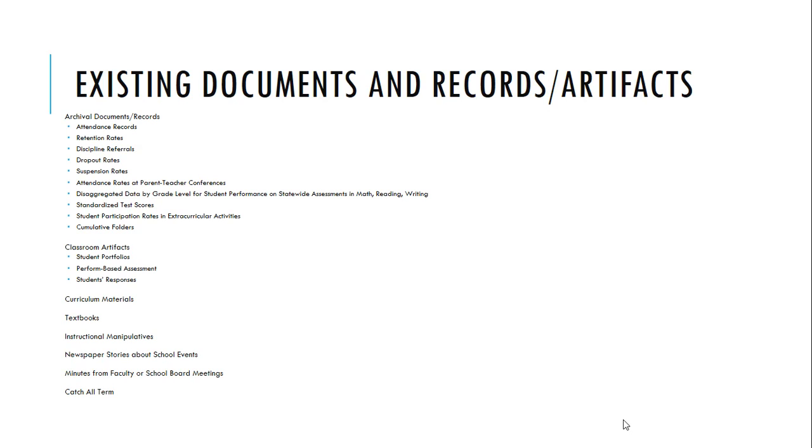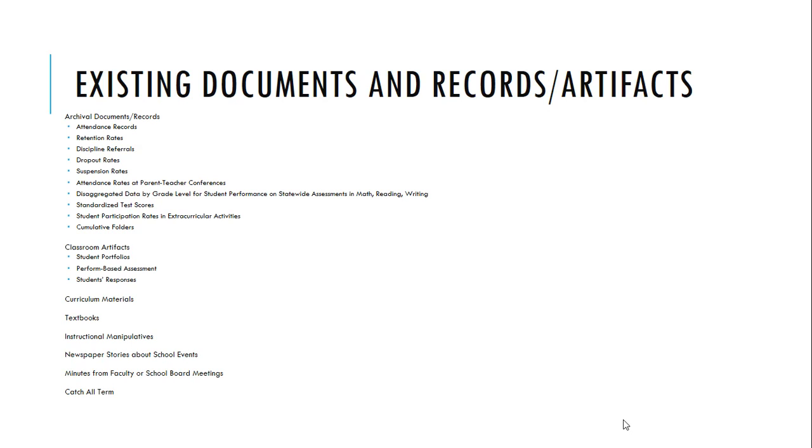Disaggregated data by grade level, basically, that means grades from math, reading, writing, etc. But for each individual grade level, you have your standardized test scores, you have your student participation rates. That includes extracurricular activities because that also can affect sometimes how students perform.